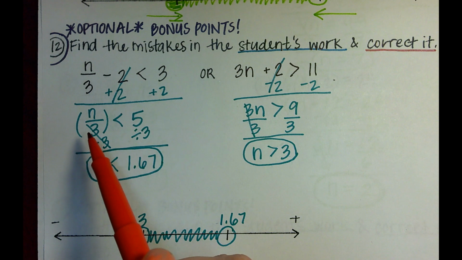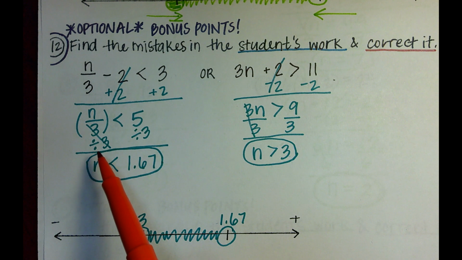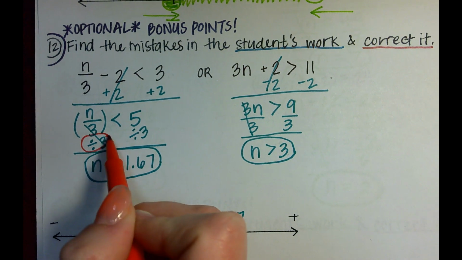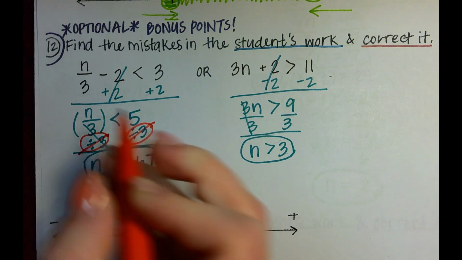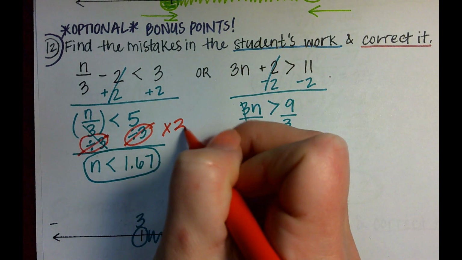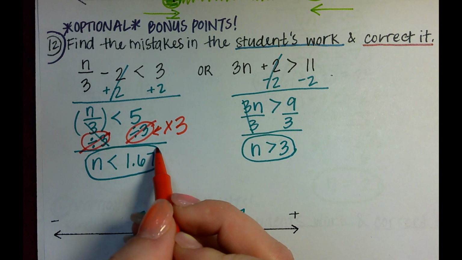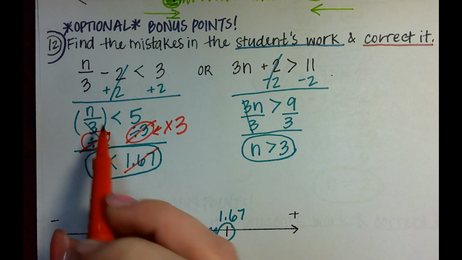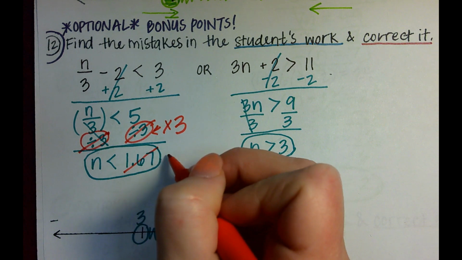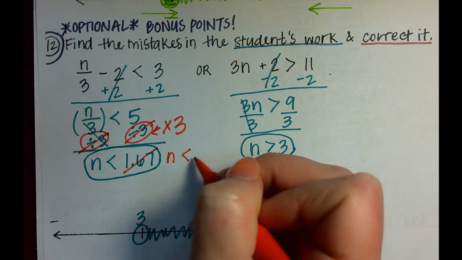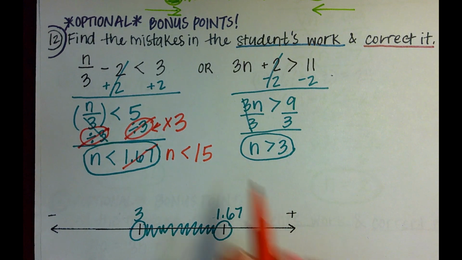To get rid of divided by 3, they divided by 3. Nope. What should they have done? They should have multiplied by 3. And what would that change their answer to? 15. So it should have been N is less than 15.